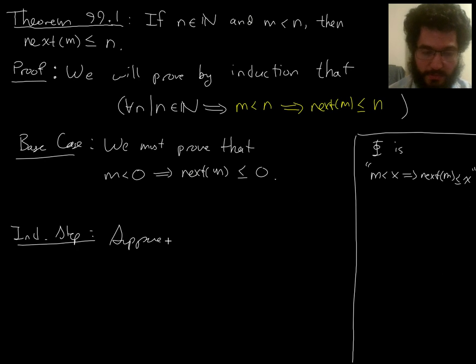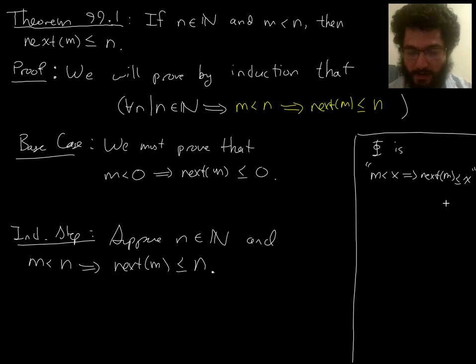I like to put the induction hypothesis in the same sentence often. Suppose n is a natural number, and then I immediately assume, what's the induction hypothesis? It's pretty much actually the thing in yellow. So basically phi with x replaced by n. Now it's an assumption.